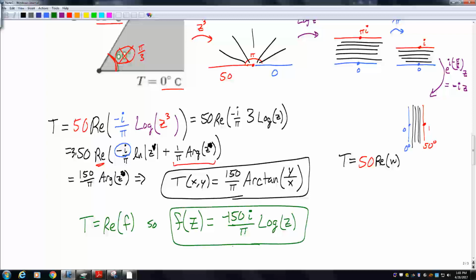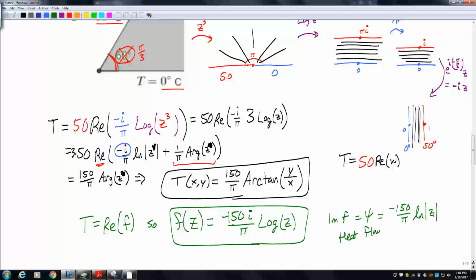We didn't look at the imaginary part of f. Just remember the imaginary part of f would give me the heat flow lines, usually called psi. So this would be the heat flow lines. And I guess in this case, since I'm writing it down, it would be negative 150 over pi natural log of z.